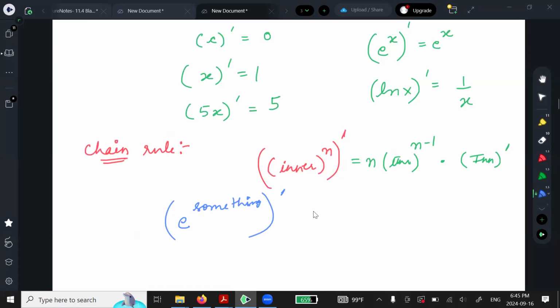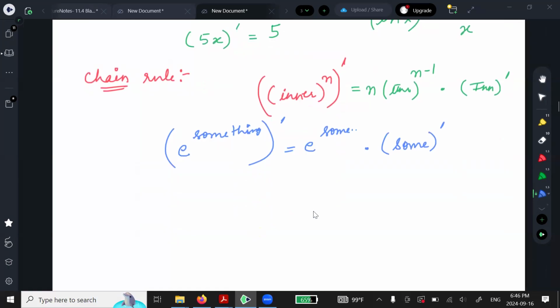What do you do? You copy e to the power something. This step will remain constant everywhere. So you multiply by something derivative. Good? There is one extra step for chain rule. Okay. What about I have ln of something inside?